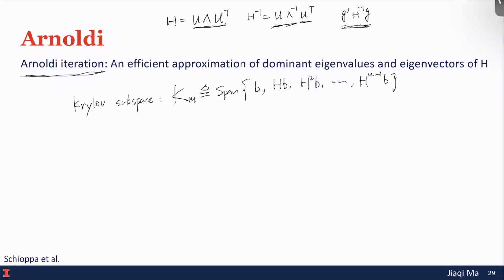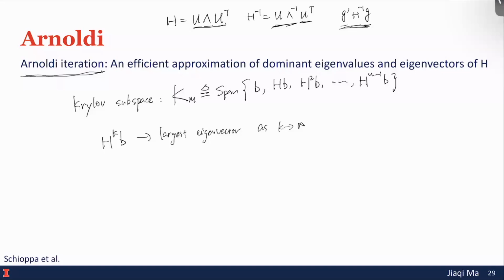We know that H^k b will approach the largest eigenvector in the absolute sense as k goes to infinity. So with matrix powers, we can obtain its largest eigenvector.